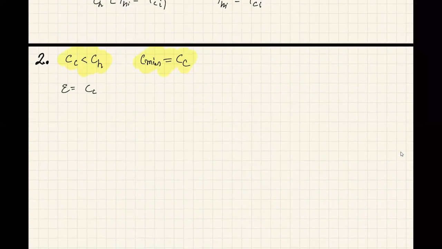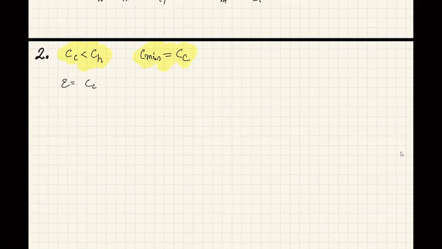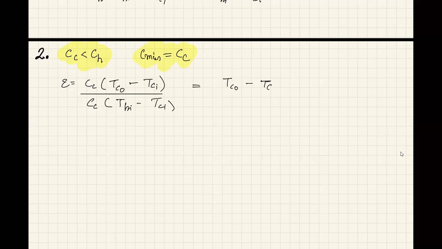And now I am taking the ratio for both of them. So it looks like CC times (TCO minus TCI) divided by CC times (THI minus TCI), which is equal to (TCO minus TCI) divided by (THI minus TCI). Okay, I'm sorry. Alright, this is the second case.